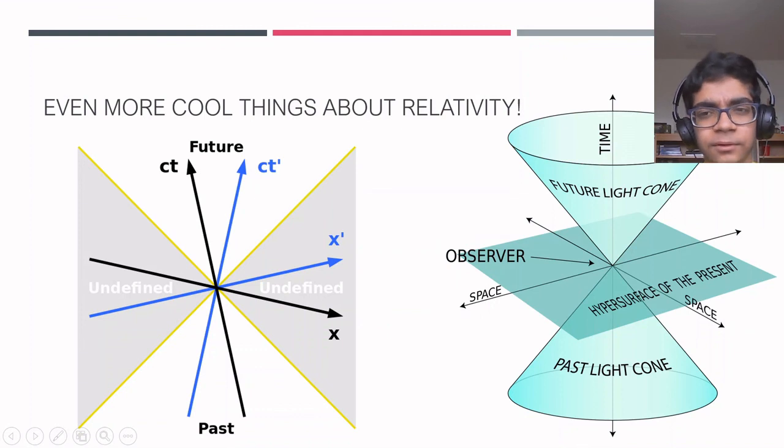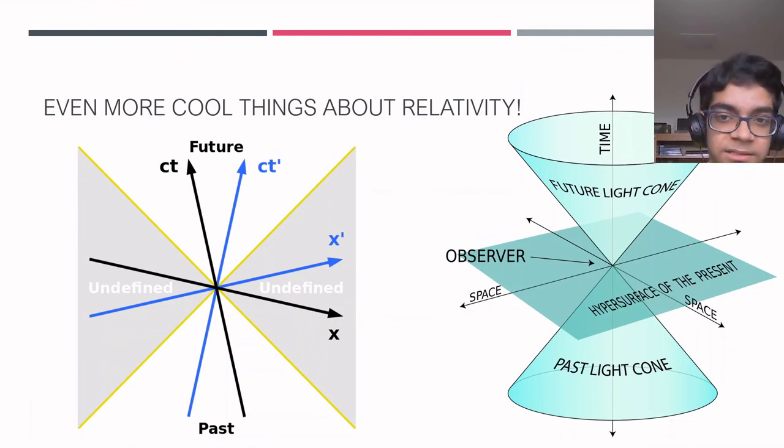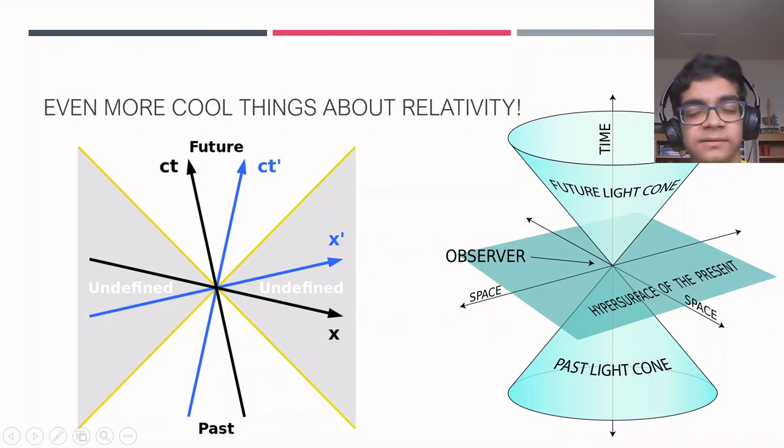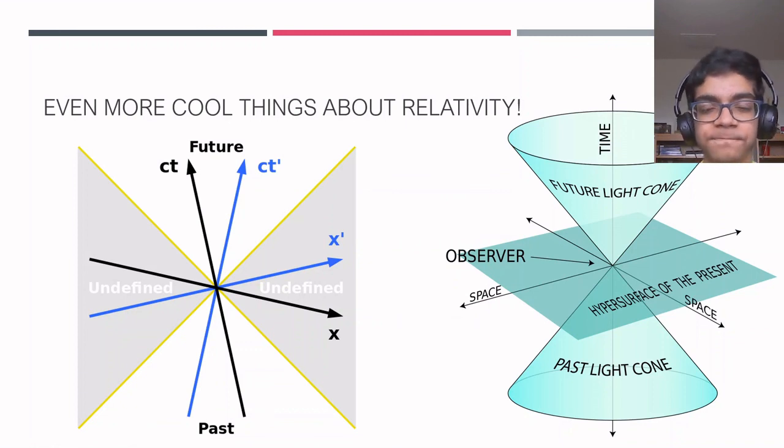And also, don't forget, right now we're just working in 2 dimensions, x and t. What if we scale this up to 3 dimensions? Now we're moving within the hypersurface of the present, which is just a fancy way of saying that we're moving in a 2-dimensional plane, x and y. But while we're moving in that 2D plane, time is slowly progressing. So that makes it go from 2 stacked triangles to 2 stacked cones.